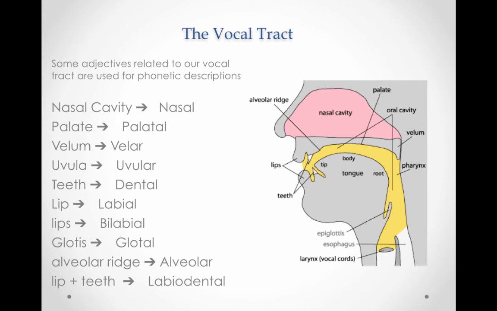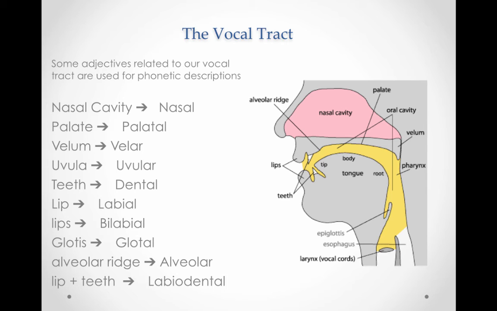So let's take a look at where sounds are produced. The vocal tract. As you can see here, there are some adjectives related to our vocal tract that are used for phonetic description. So for example, if the sound uses the nasal cavity, as you can see there in pink, then we call those nasal sounds.